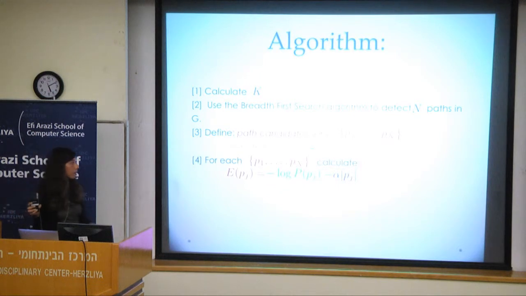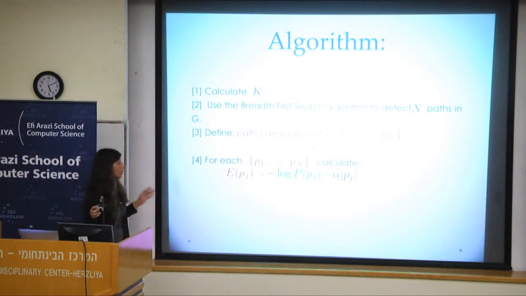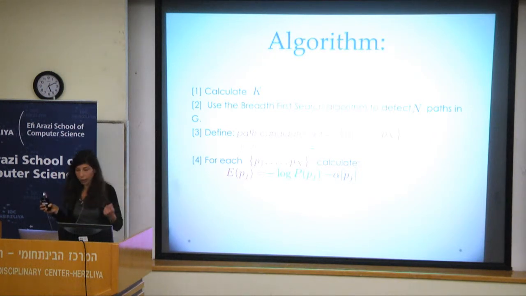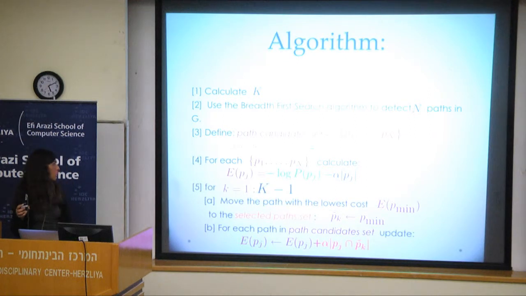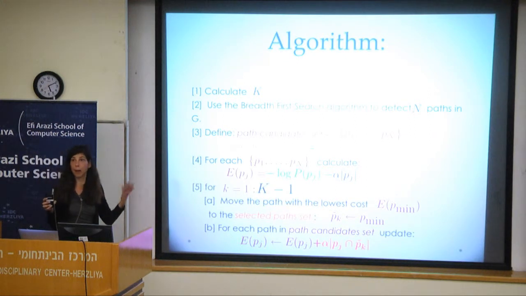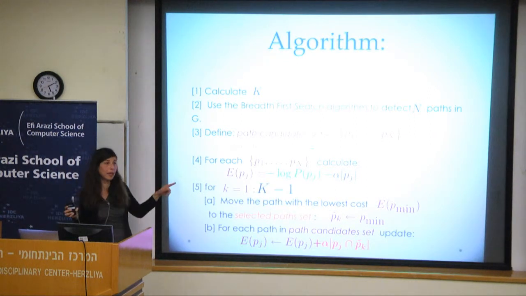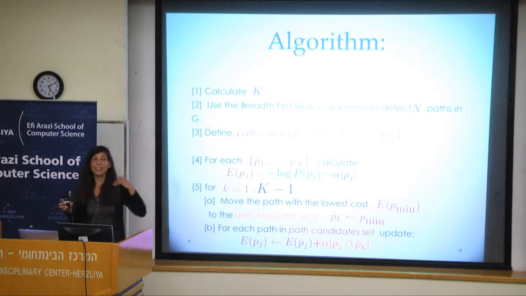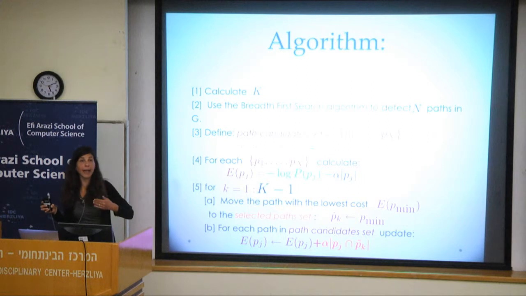For the first path, what do we do? We calculate for all the n paths the likelihood minus the length, and then we pick the one with the lowest cost. So this is the first selected path. Now for all the remaining paths, we calculate the additional cost of the overlap, and then we pick again the second best path.